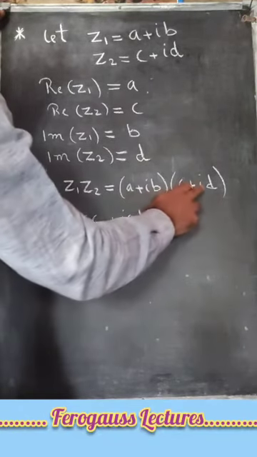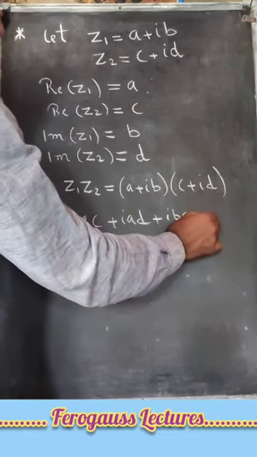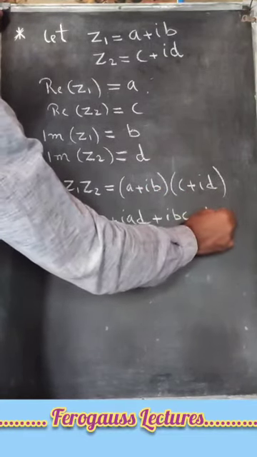Then we have iota into iota is iota square b into d. Iota square is equal to minus 1, so we write minus times b into d.